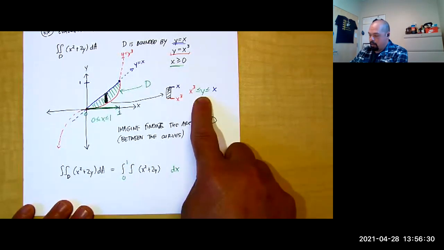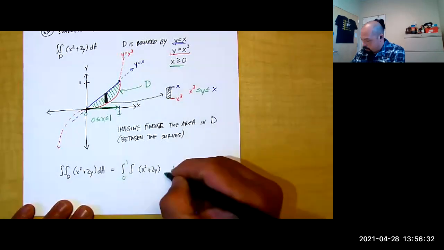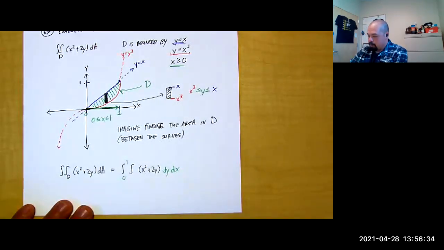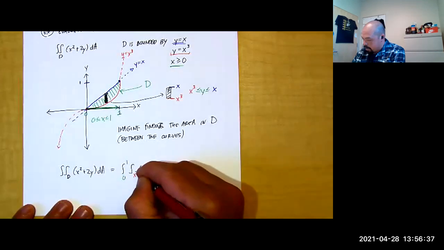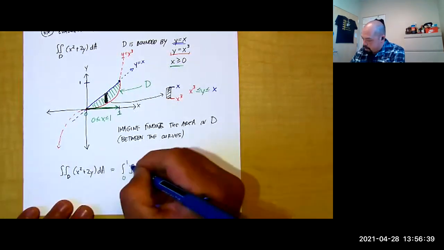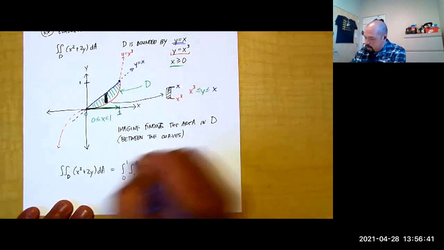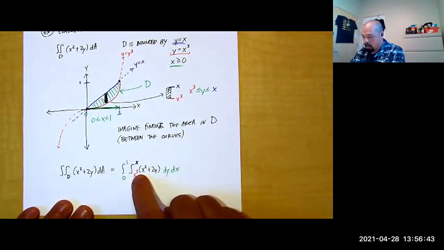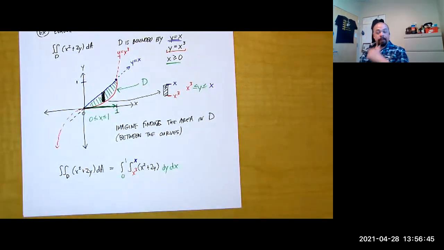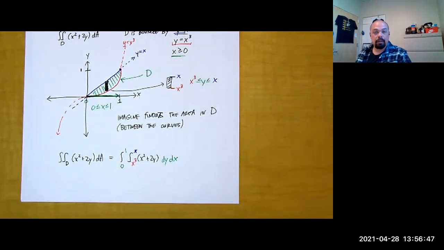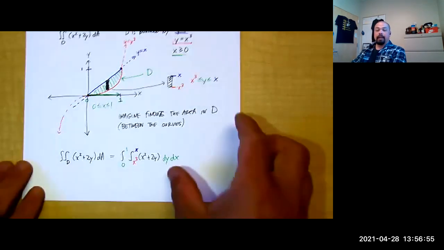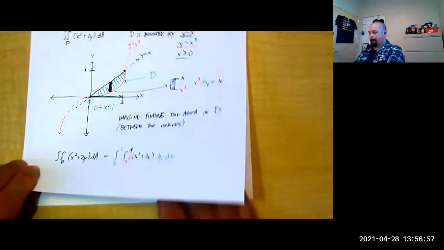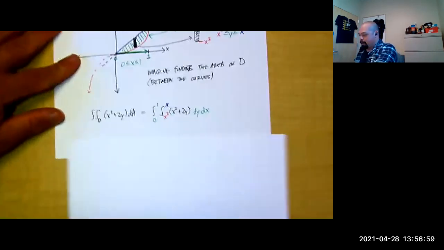The y, the one that has the variables, goes inside, x cubed and x, our lower and upper. So that will be our integral. And let's evaluate that in this next component.